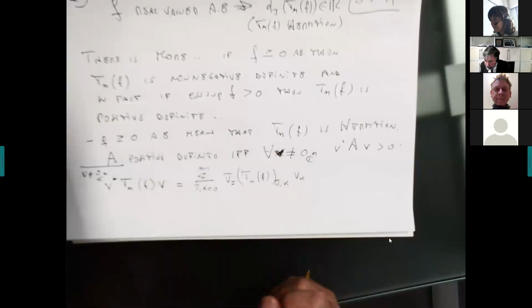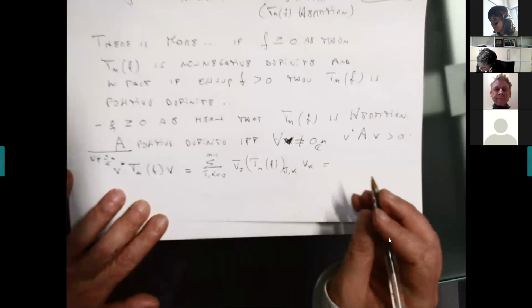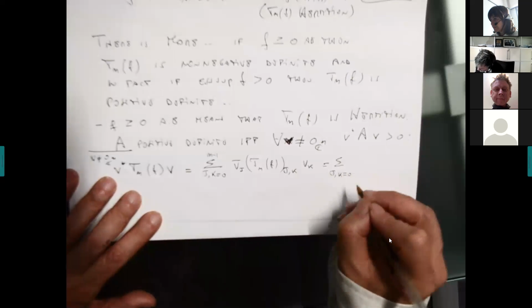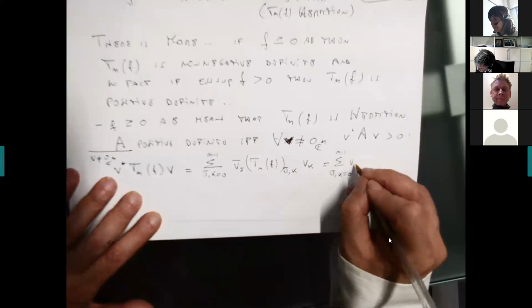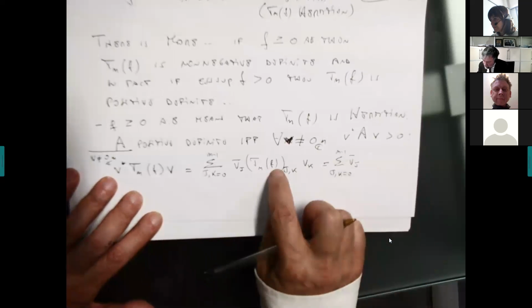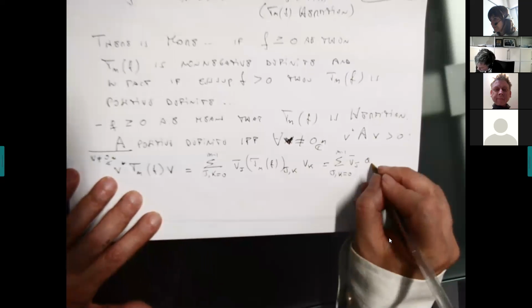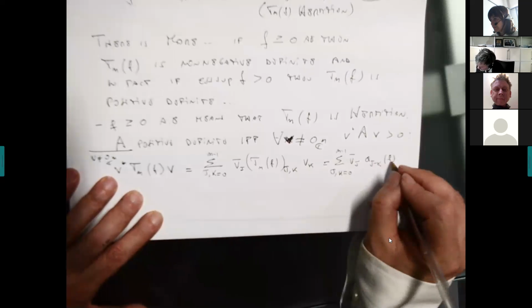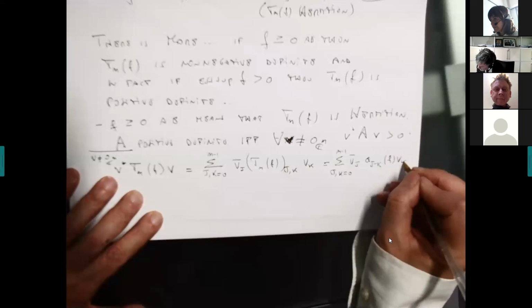Basic things concerning products between matrix and vectors. So this is equal to the sum over jk from 0 to n minus 1 of vj conjugate times, what is this? This is the Fourier coefficient a in position j minus k of f, times vk. Why this?